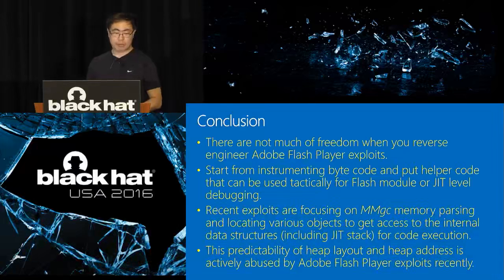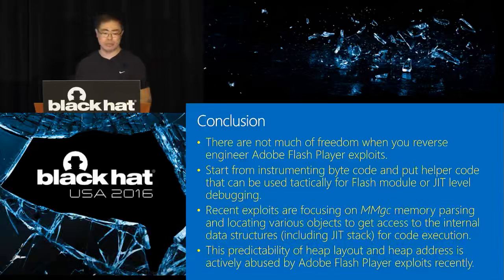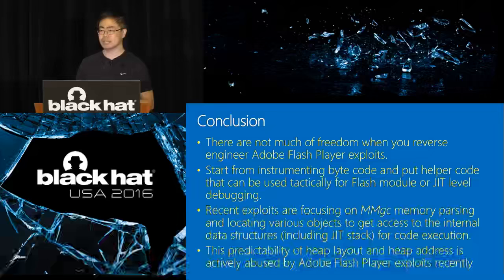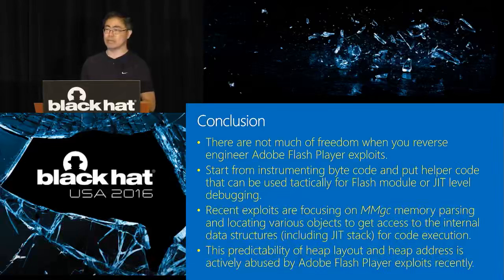But the approach you should take is combining different approaches, not just decompiling. You might rely on some decompiled code sometimes, and you can instrument some code, but instrumentation is not the silver bullet because it can break the exploit. So sometimes you instrument some code, but you need some low-level debugging tool. And the AVM plus source code definitely helps because it has all those internal structures.